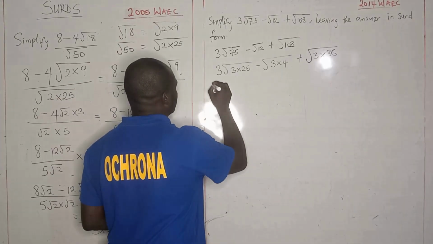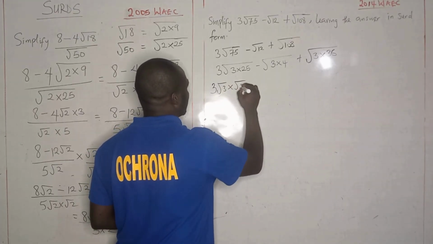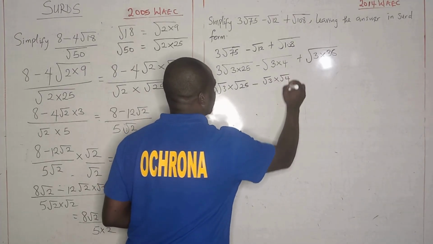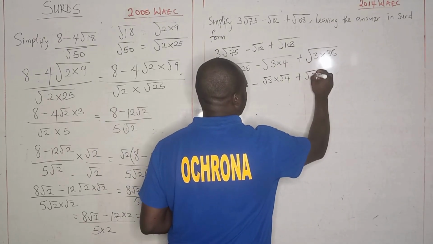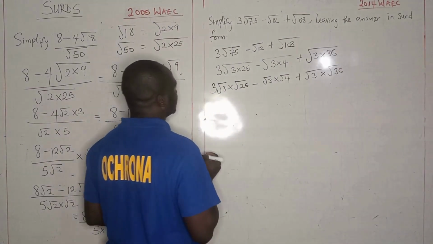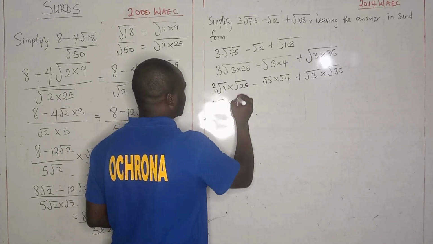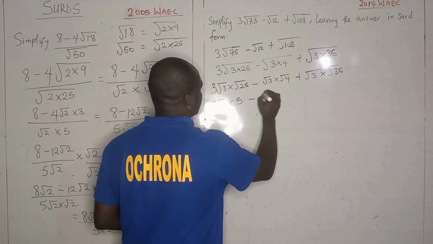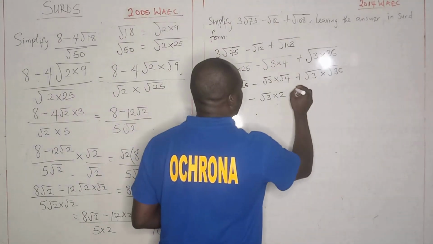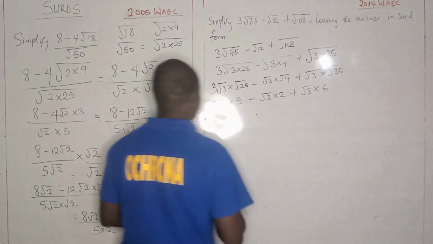What does that mean? It means this will be 3 root 3 times root 25 minus root 3 times root 4 plus root 3 times root 36. That means we have 3 root 3 times root 25, 5, minus root 3 times 2, that's root 4, plus root 3 times 6.